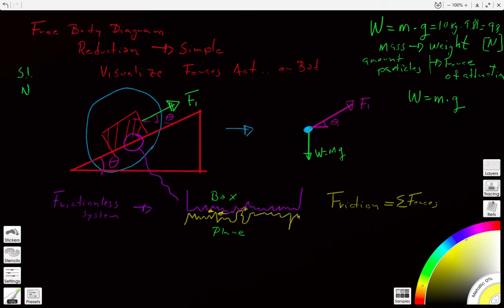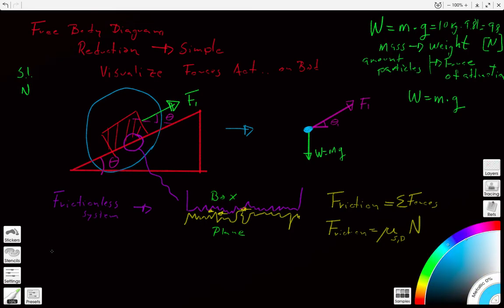That is what friction is. Friction is calculated with a coefficient of friction called mu, which could be static or dynamic, and I'll make a video on that, multiplied by the normal force.